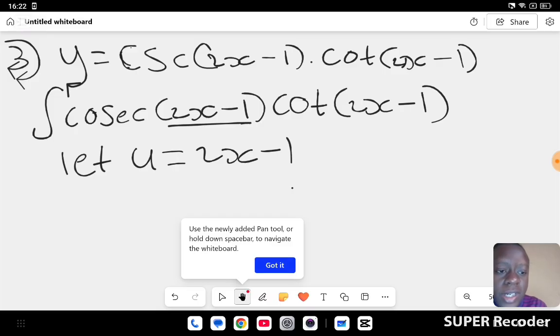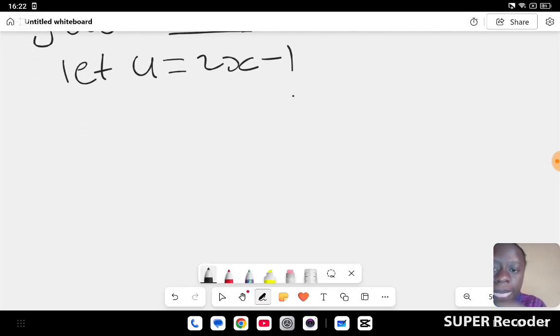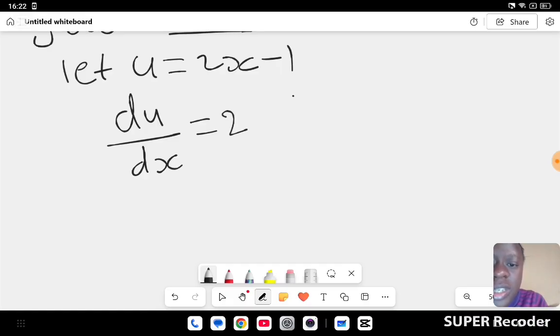So let's differentiate this. du over dx is equal to, differentiating this using the exact formula that we've been using, it's 2 times 1 minus 0, which is 2, multiplied by dx.